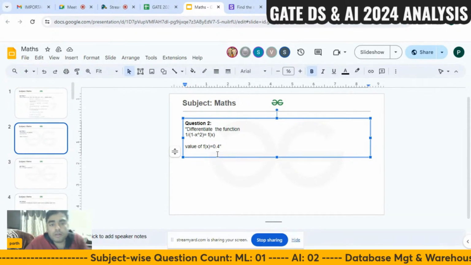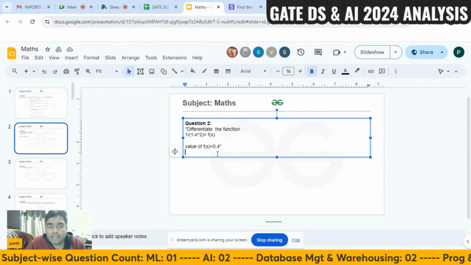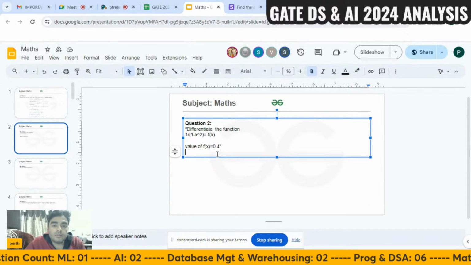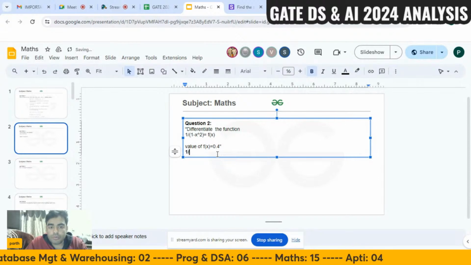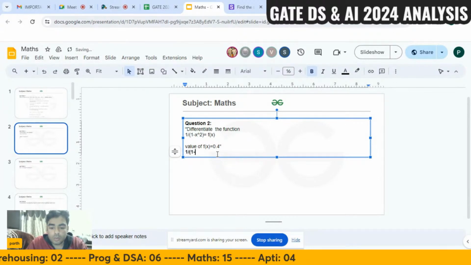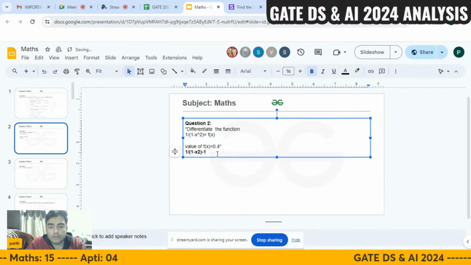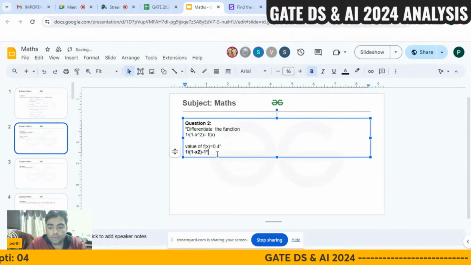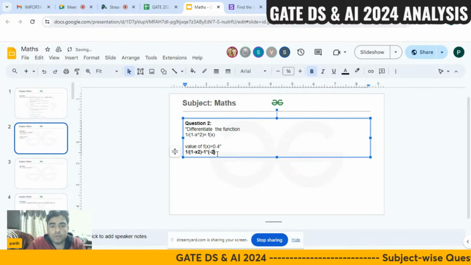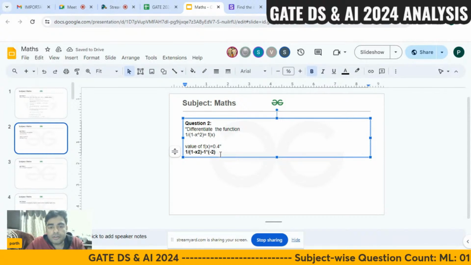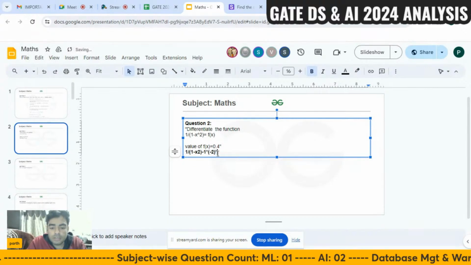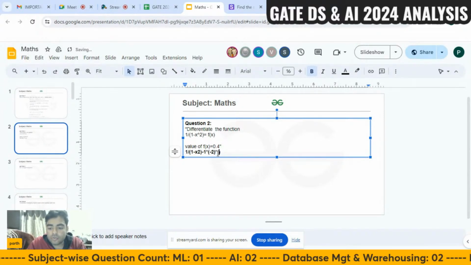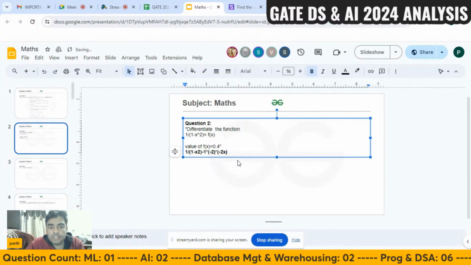So 1 upon 1 minus x square can be differentiated as 1 upon 1 minus x square, to the power minus 1, then into, in brackets, minus 2. And after differentiating the x square term, that would come as, in brackets, minus 2x. So this would be the differentiation of this term.